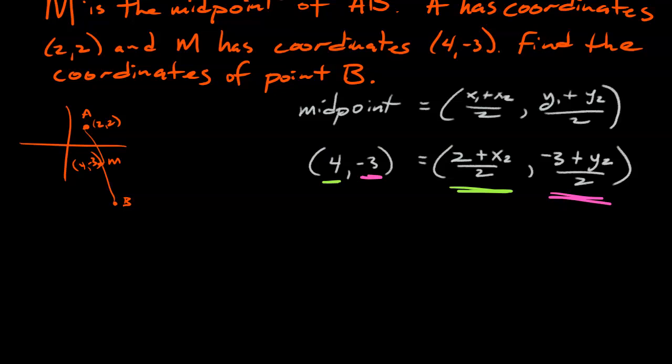So over here, I know that 4 is the midpoint of 2 plus x2 divided by 2. And I know that negative 3 is the middle of negative 3. Wait. Ooh, I almost screwed that up.